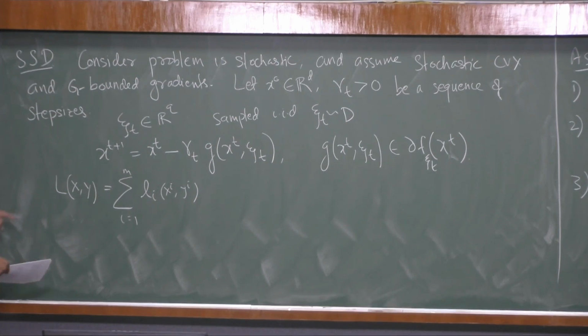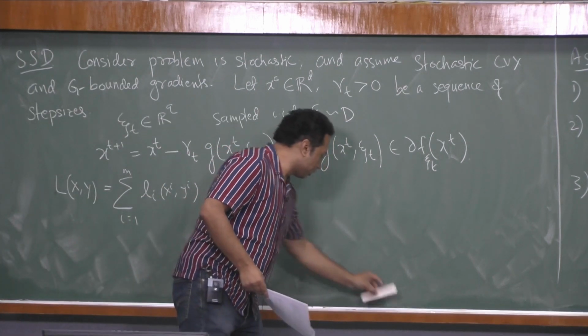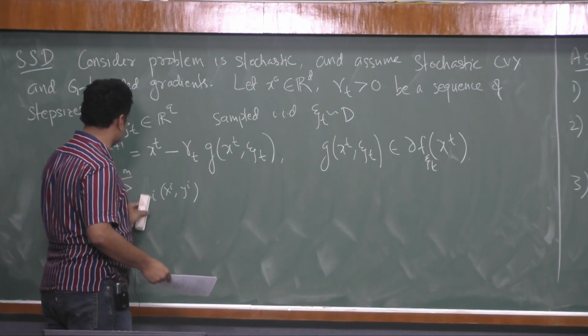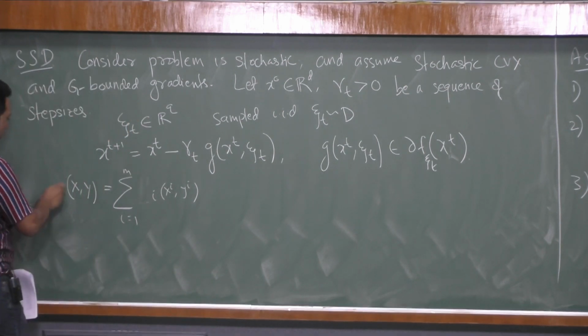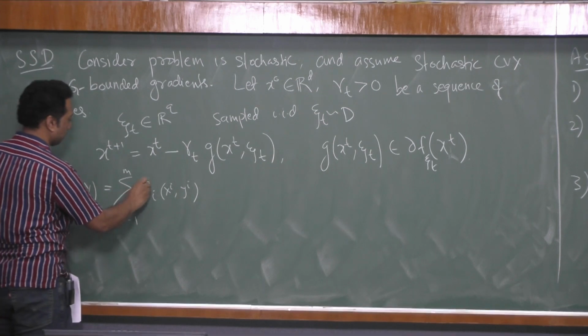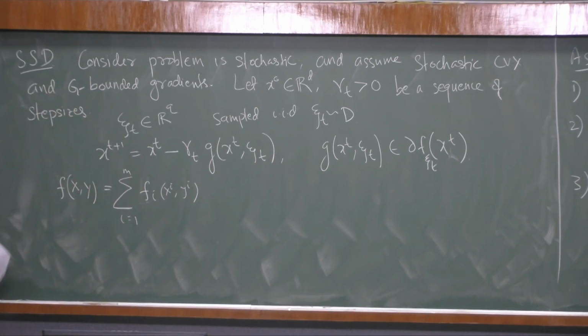So this could be our f, small f. If you want to use the notation from the optimization literature, then we can take this as a small f, and these are the f_i's. So how do these things fit in machine learning? That's what I'm trying to explain here.